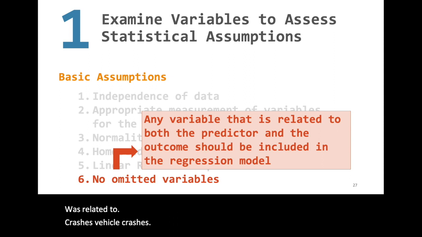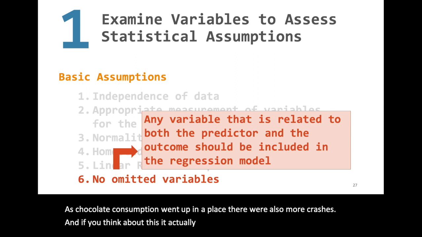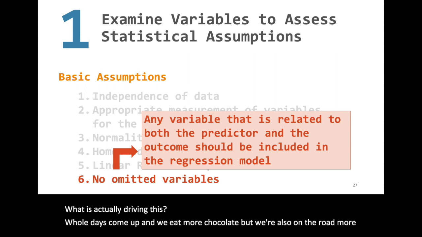As chocolate consumption went up in a place, there were also more crashes. And if you think about this, it actually turns out chocolate consumption goes up during holidays, and driving also goes up on the holidays. So what is actually driving this is that holidays come up and we eat more chocolate, but we're also on the road more, so we're more likely to crash.